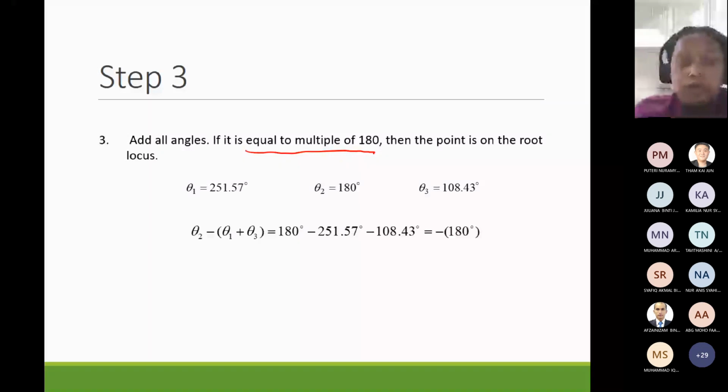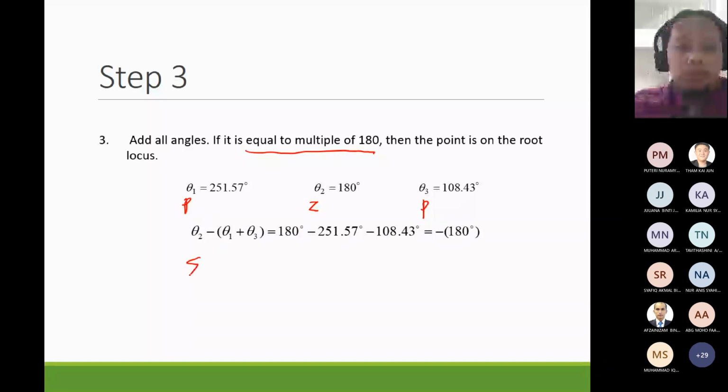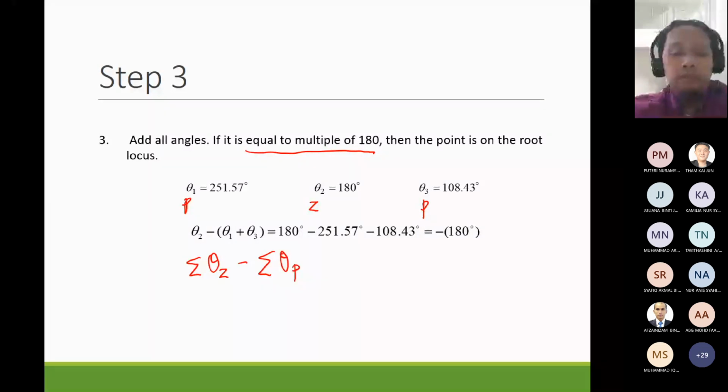Okay, so to add the angles, you must make sure that you identify whether each angle is measured from poles or from zeros. If it is measured from poles, like theta 1 and theta 3, you need to subtract them. Theta 2 is from the zero. So remember the formula: the angle will be the summation of angles from zeros minus the summation of angles from poles.